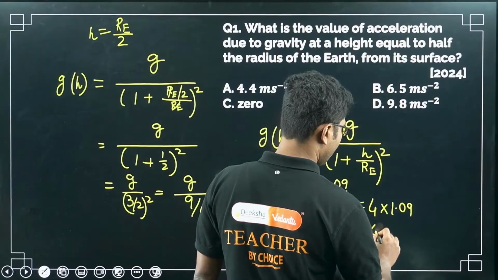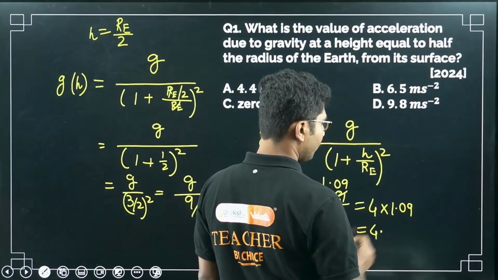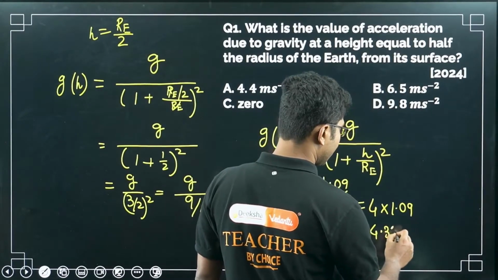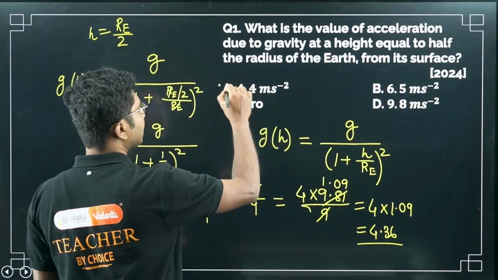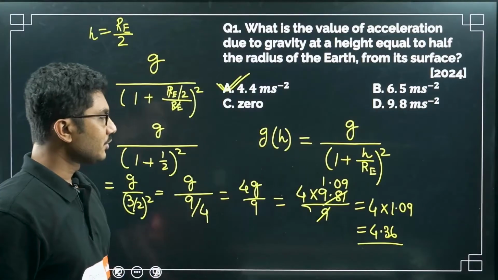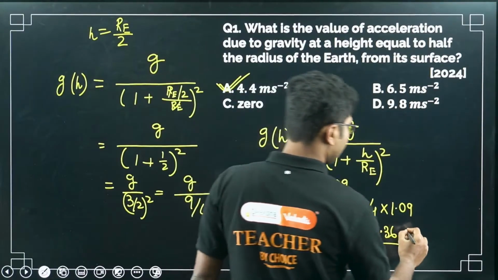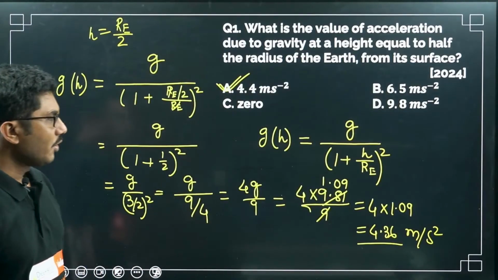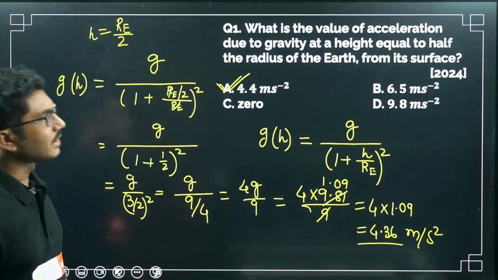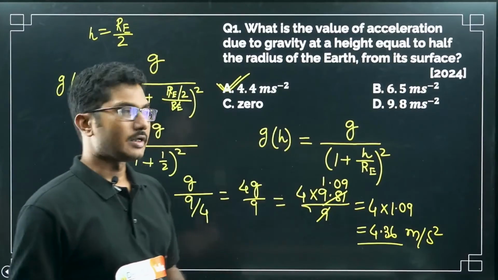It will be 4.36 meter per second square. Okay, so let's check the answer. From the given options, this is the closest match, so we will write this as our answer, meter per second square, right? From these given answers only, this is the closest match, so we will definitely write this.